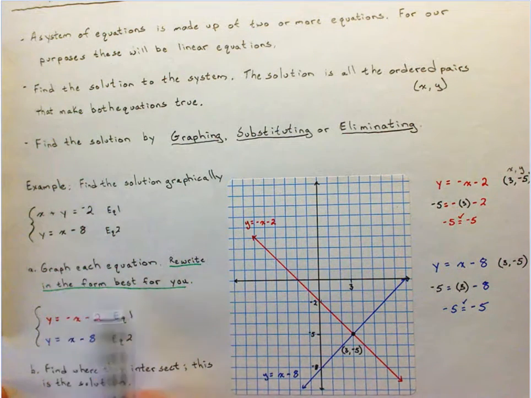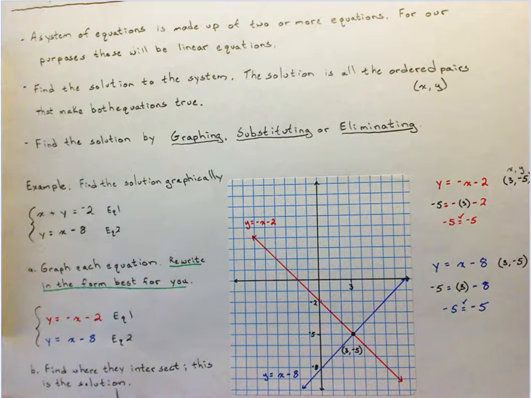You need to graph both equations. If need be, rewrite the equations in the form that best suits you to graph. What I chose to do is write it in slope-intercept form. Then you will graph both equations. Next, find where they intersect.